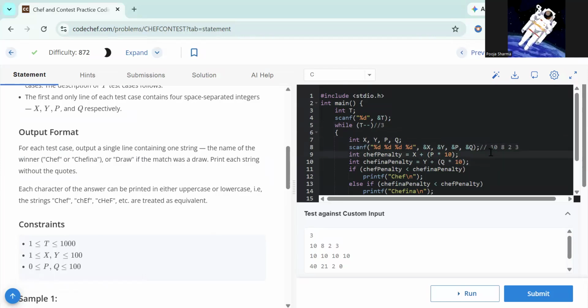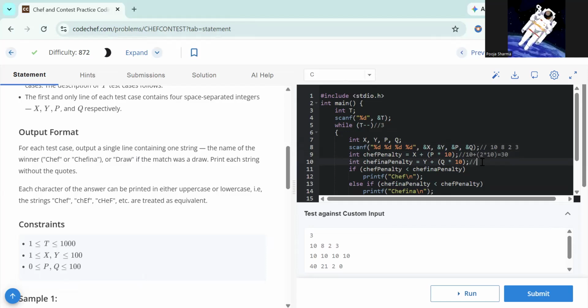So how do we find the Chef's penalty? Chef's penalty is simple: 10, that is X, plus P, which is 2, multiplied by 10. You will get 30. This is the Chef's penalty.